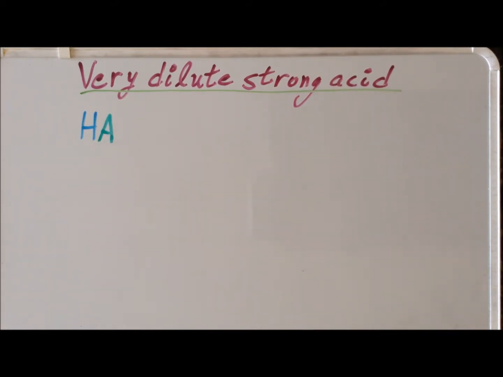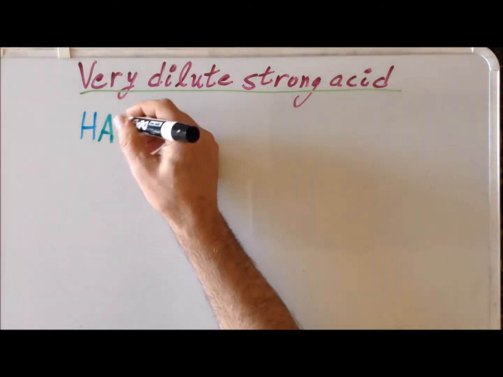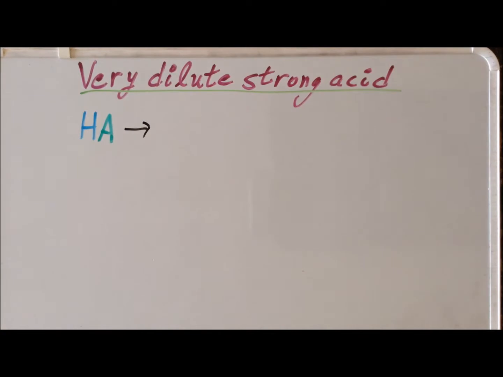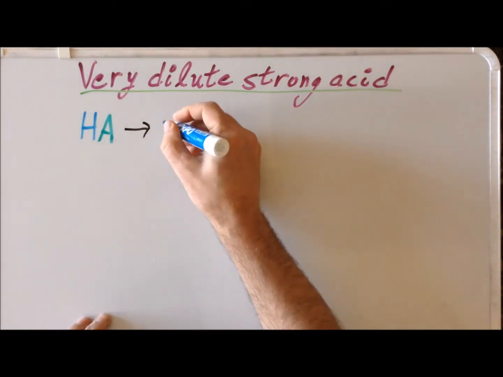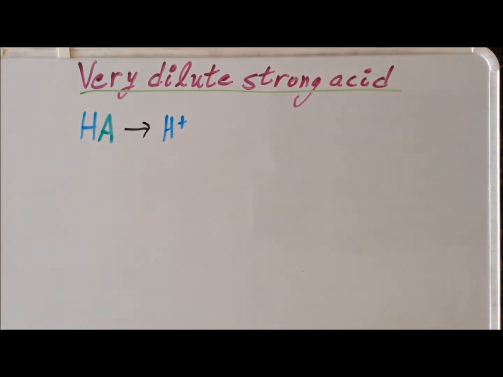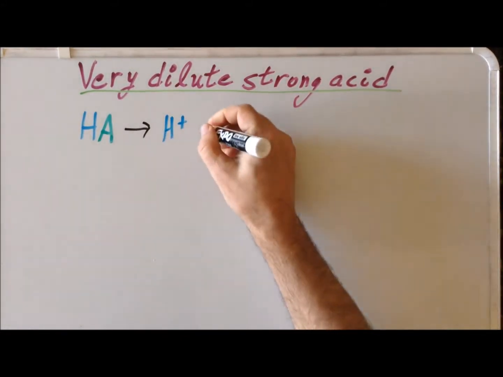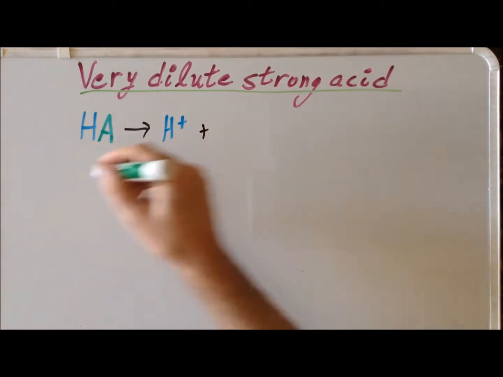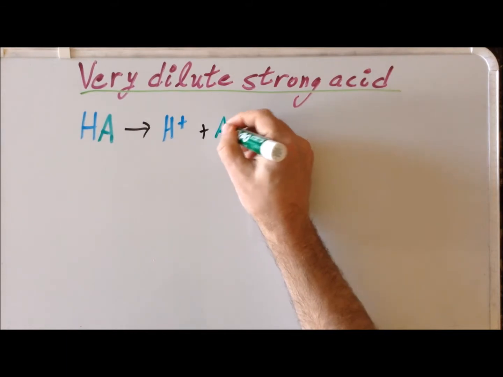We know that in aqueous solution, it's going to dissociate completely, because that's what it means to be a strong acid, into a hydrogen ion, H+, and the conjugate base, which is going to be the anion here, A-.